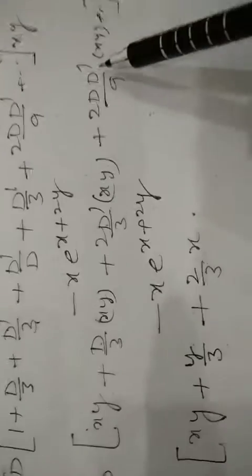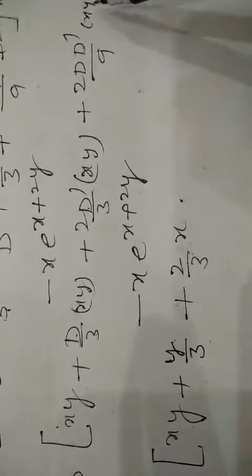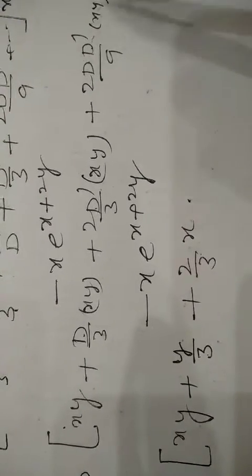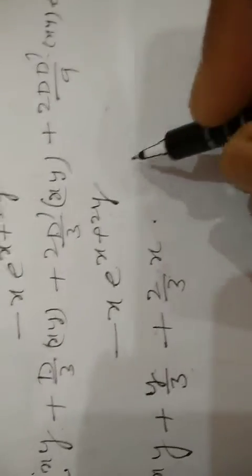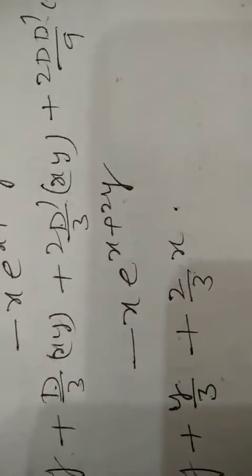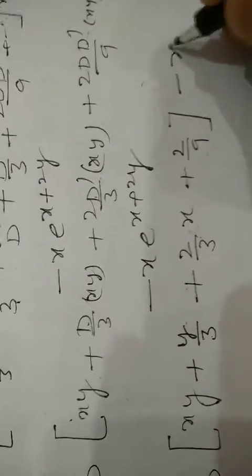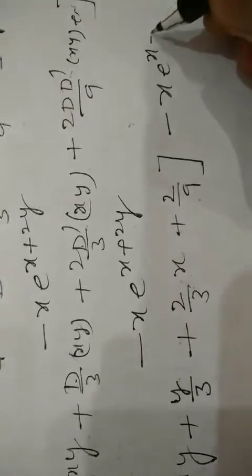And here just see, differentiation with respect to D dash of y becomes x. So now it becomes 2 by 9 only, and the rest of the terms become 0, minus x e to the power x plus 2y.